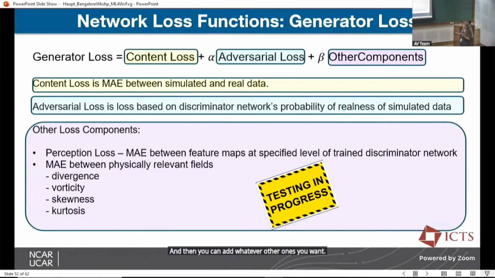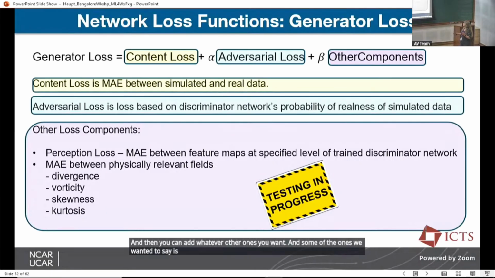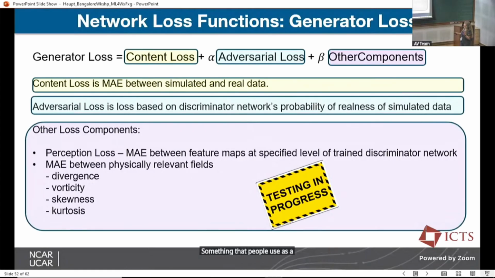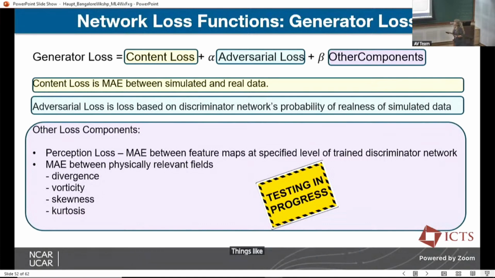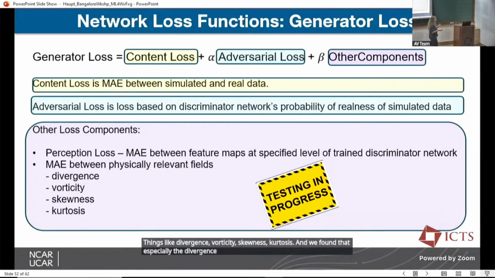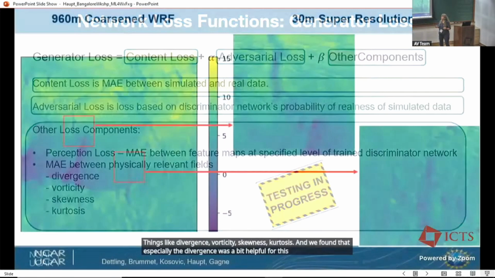Some of the ones we wanted to try is something people use as a perception loss, MAE between the feature maps at the level of the discriminator network, but we also looked at MAE of some physically relevant fields, things like divergence, vorticity, skewness, kurtosis. And we found that especially the divergence was a bit helpful for this problem.